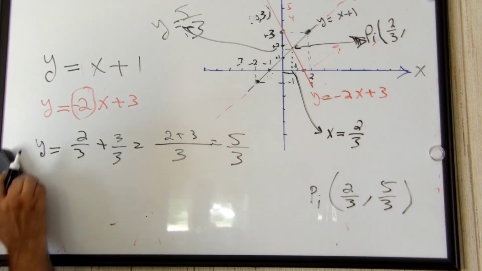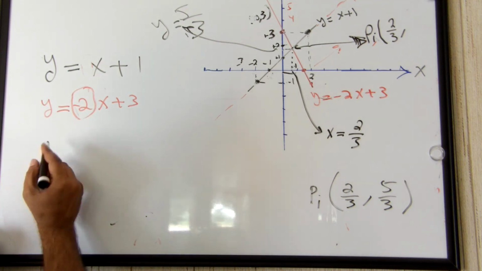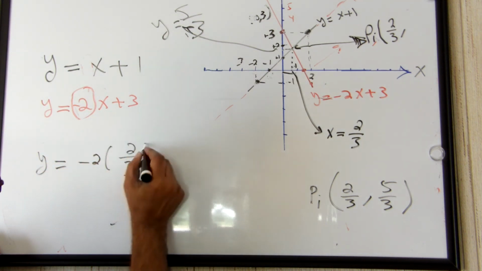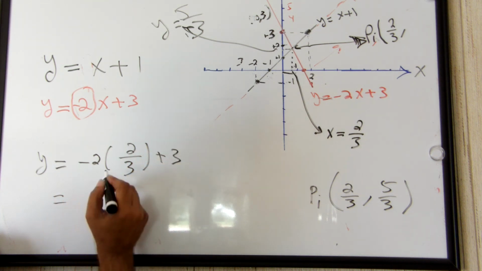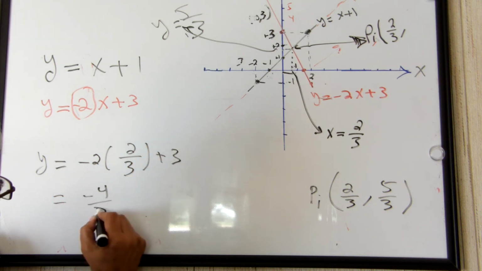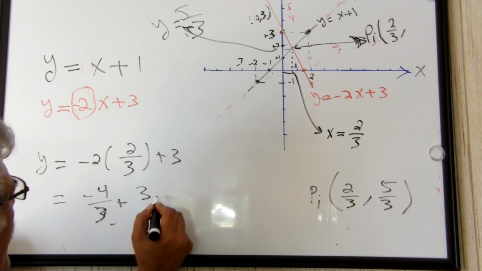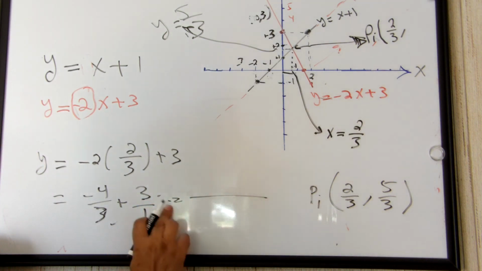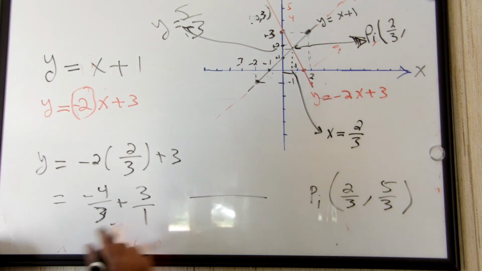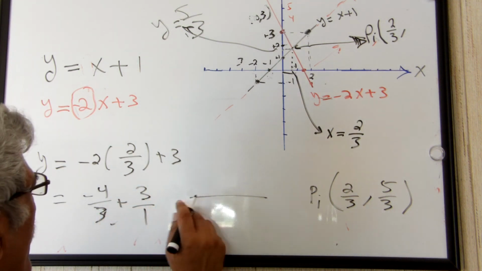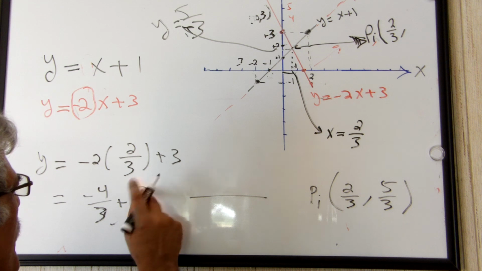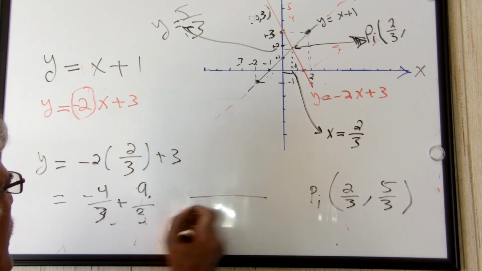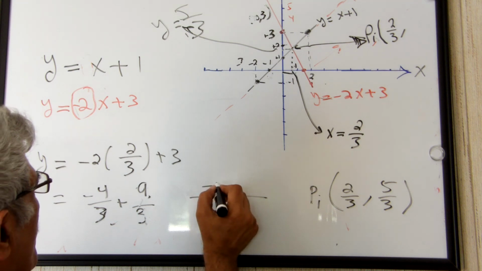If you put it in this equation, you will get the same answer. Y is equal to minus 2 times 2 over 3 plus 3. It is going to be minus 4 over 3 plus 3. We multiply this one by 3, which is going to be 9 over 3, and it's going to be 9 minus 4 over 3, which is 5 over 3.